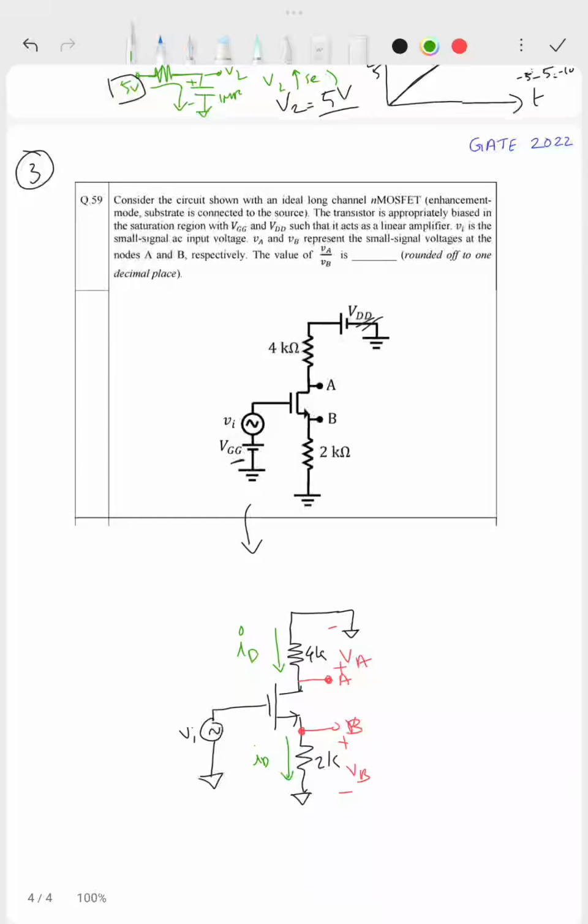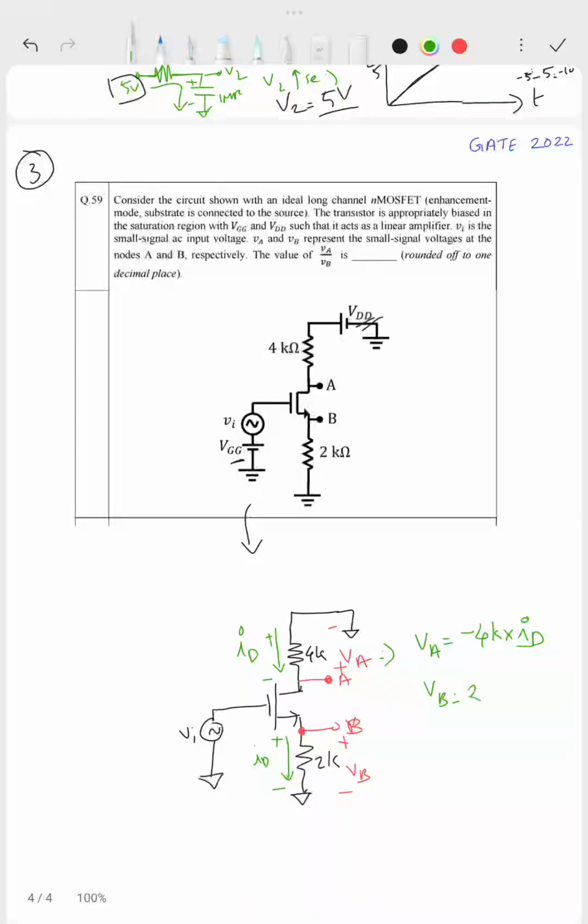So from this circuit itself, I can write what is VA. VA is the voltage across the 4K. Here the current is flowing from top to bottom, so there is a voltage drop, plus minus. So VA is minus 4K into the current ID, and VB is the voltage across 2K. Current is flowing from top to bottom, so the potential drop is plus minus like this.